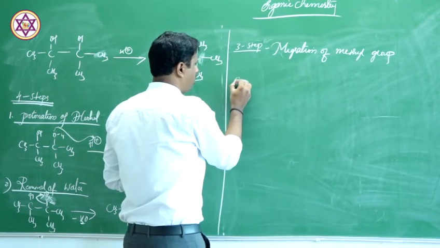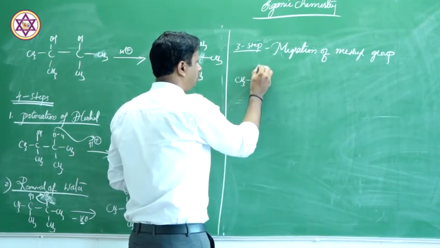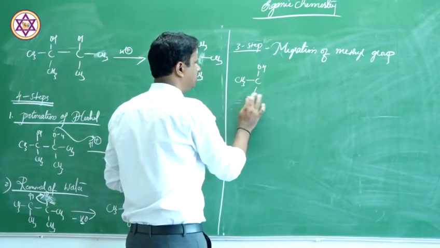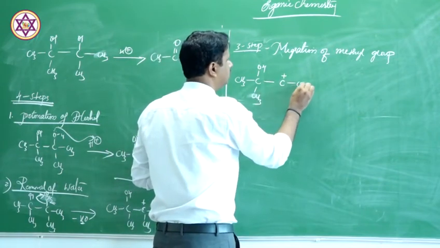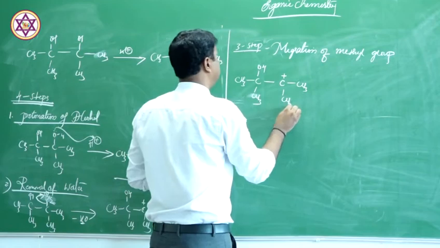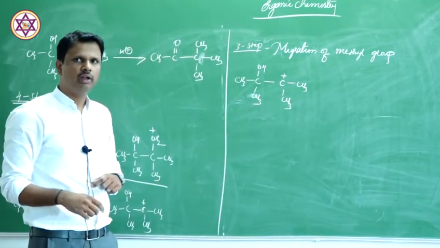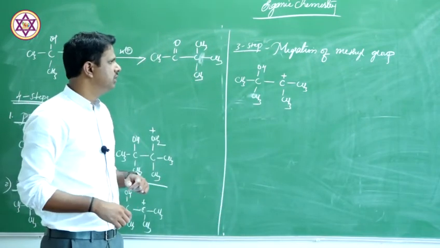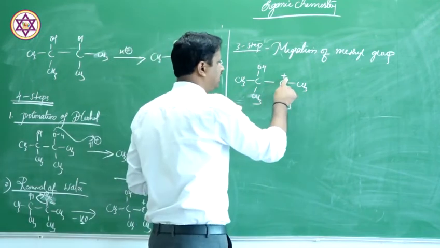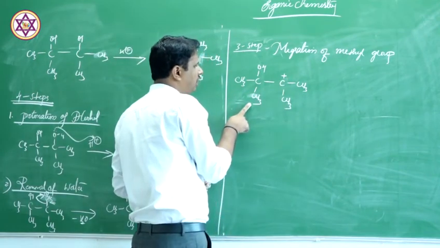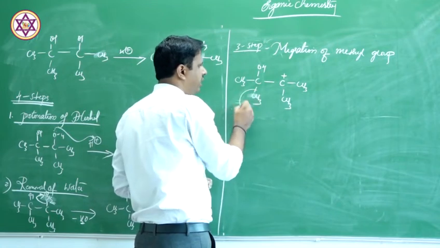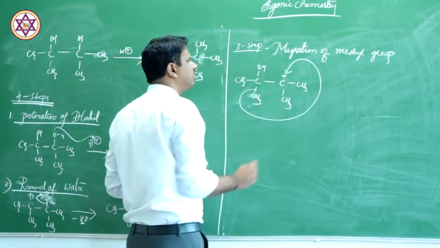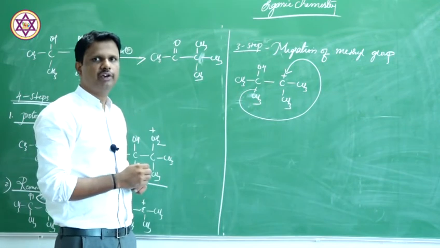I'll write the same carbocation here, CH3, COH as it is, here CH3, and we have C plus, CH3, CH3. Now, since there is a positive charge here, the methyl group on the adjacent carbon atom migrates to this carbon along with bond electrons.